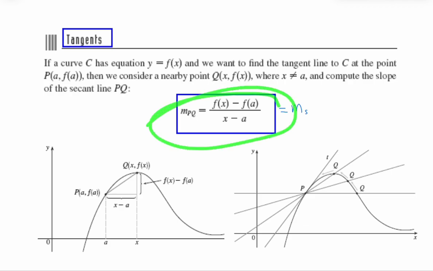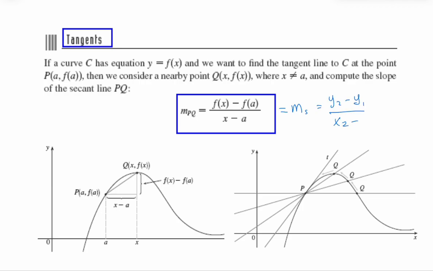So it is just the slope of a line connecting 2 points. So it's just y2 minus y1 over x2 minus x1. So a slope of a secant line is just telling us the rate of change of the function over any 2 points along the function.